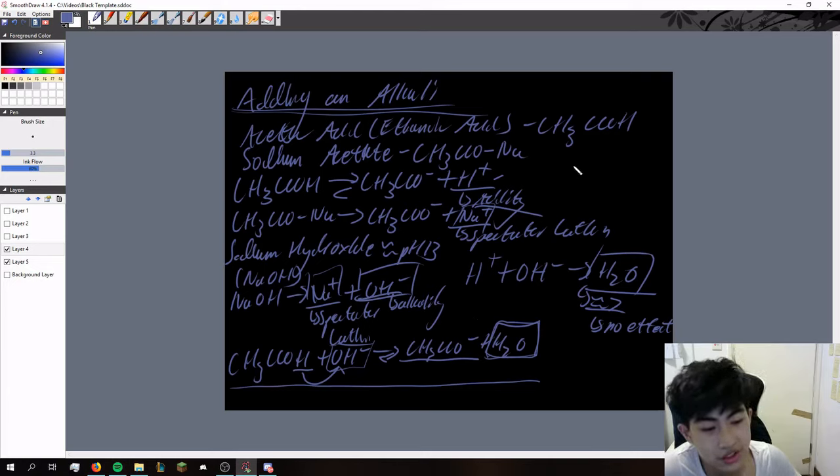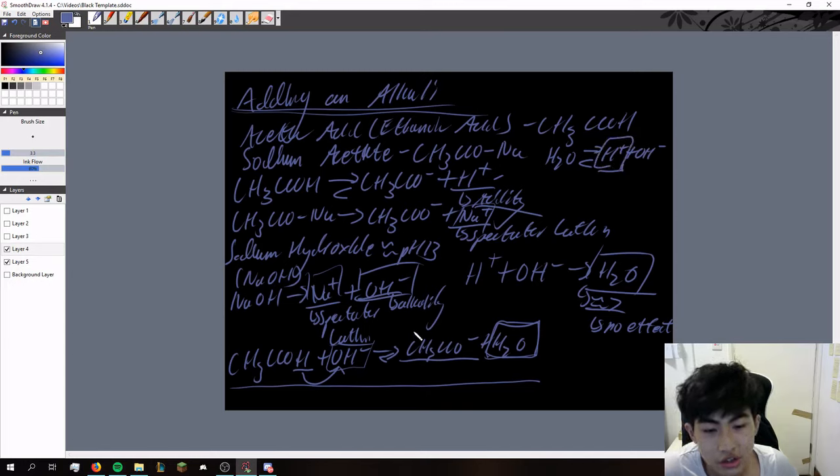Water very weakly dissociates, it varies with temperature, but water does dissociate naturally in a reversible reaction to form hydrogen ions and hydroxide ions. Now these hydrogen ions once again react with these acetate ions to reform acetic acid, replenishing its supply and allowing this reaction to go on farther, increasing what we call the buffer capacity of the buffer solution.